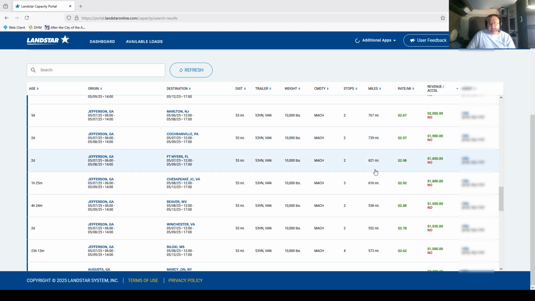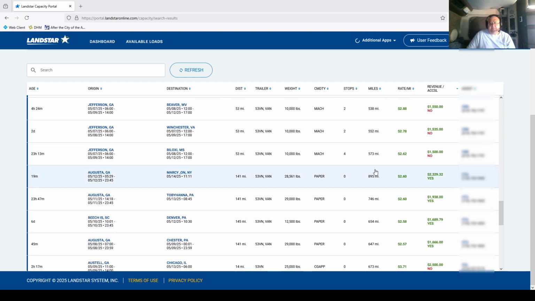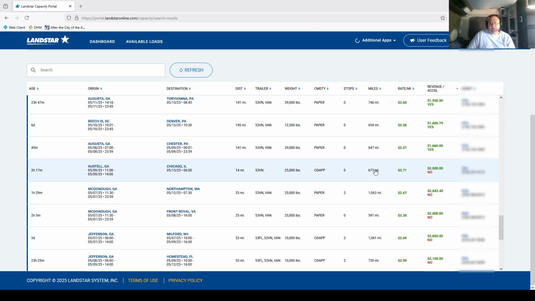There might be some okay loads that I'm skipping by, but I'm mainly just looking for something that's good. Here we go. Austell, Georgia to Chicago, Illinois, $3.71 a mile, 673 miles, $2,500.